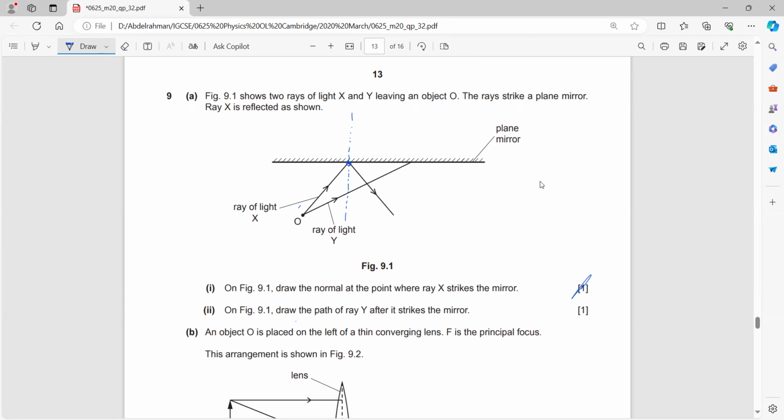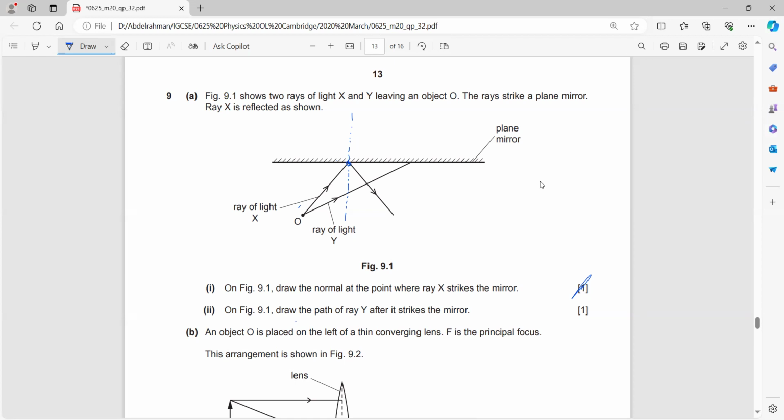Draw the path of ray Y after it strikes the mirror. What should I do to draw the reflected ray of Y?